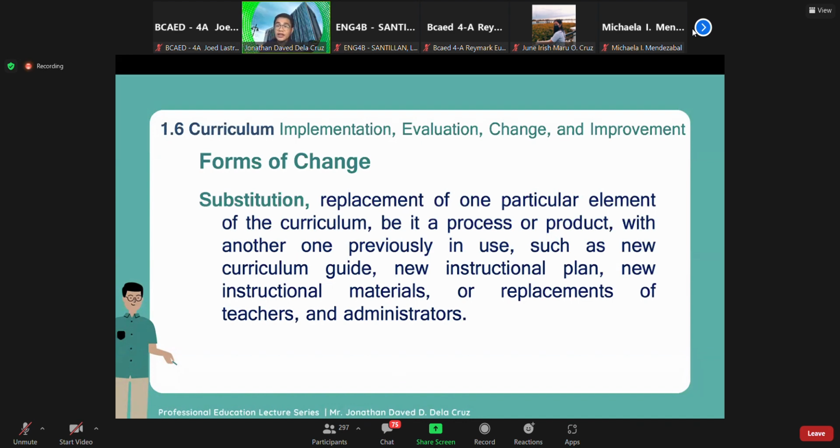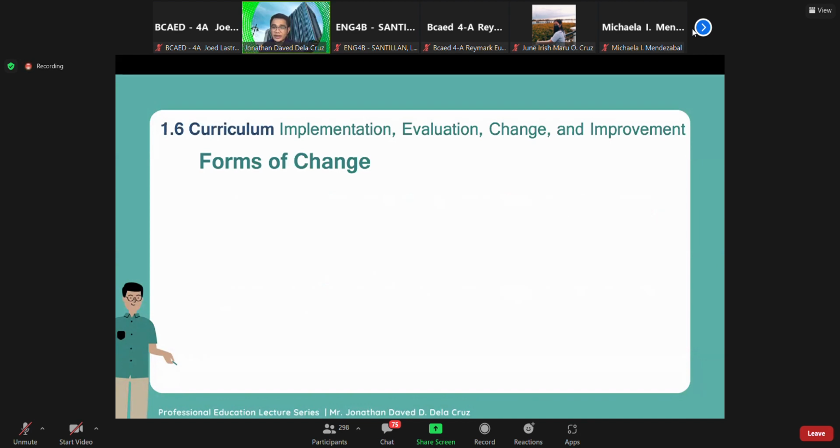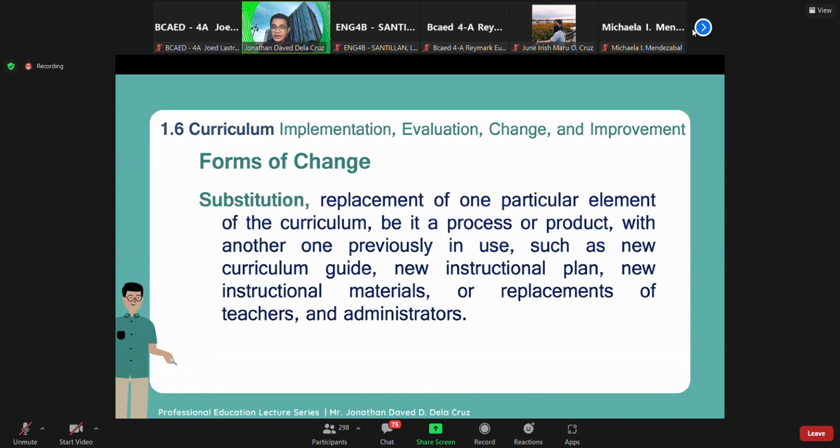So substitution, kapag pinalitan nyo lang, example, libro. Meron kayong libro na ginagamit, palitan na natin yung libro nyo. Substitution pa rin yun kung libro pa rin yung ipapalit. Ay, libro pa rin yung ipapalit na instructional material. O kaya naman, new yung instructional plan ninyo, pero same content pa rin, substitution pa rin yun.